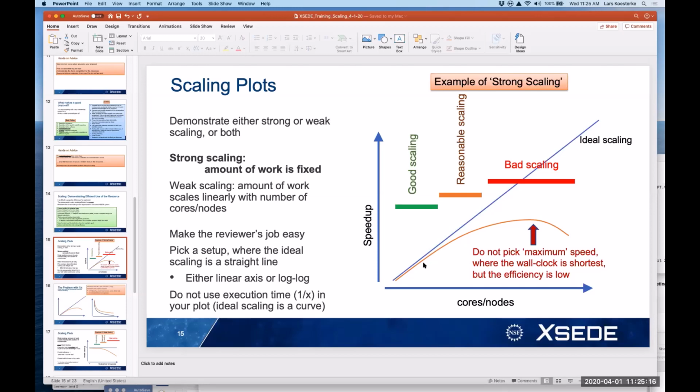But the first point to take away from here is that you should not pick the maximum speed where your wall clock time is the shortest, because at that point you already have very, very low efficiency. And so you present your scaling, and you will pick either in the green regime or in the orange regime, and you make your case from there.